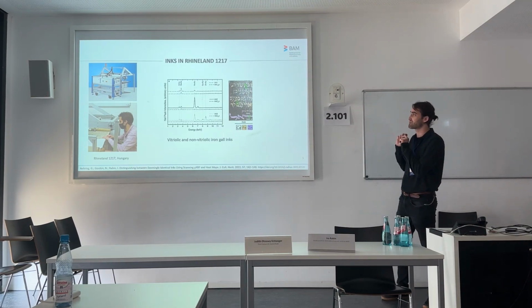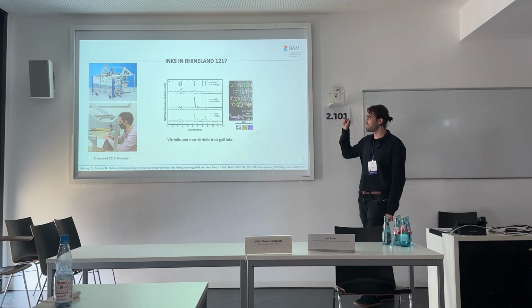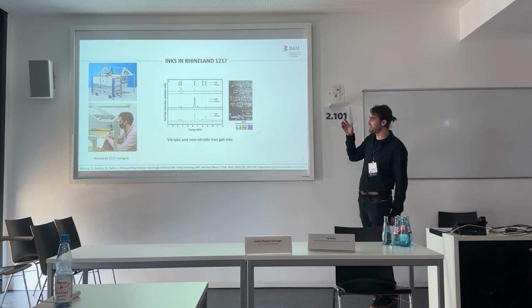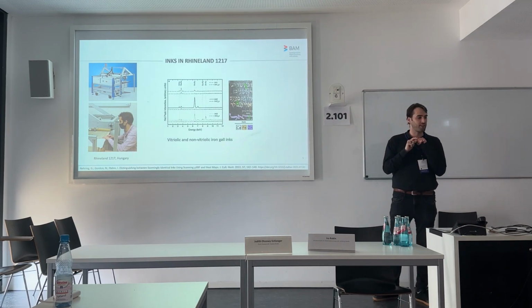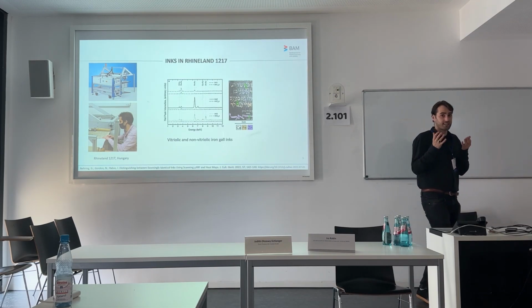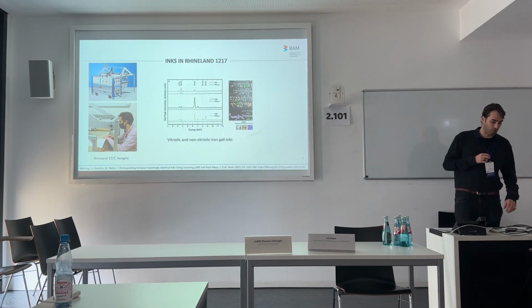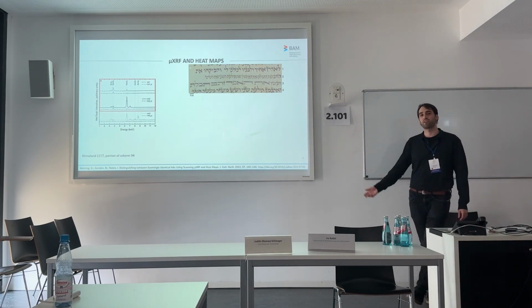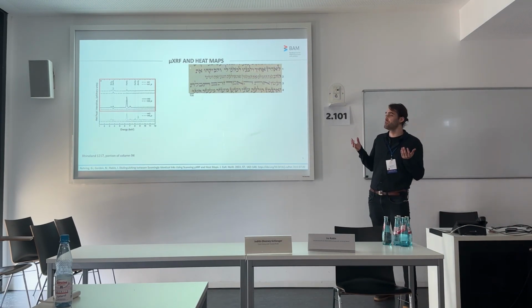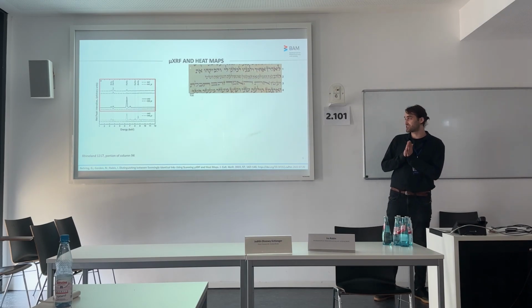However, as we can see from this spectrum, the ink in the middle, in comparison with the ink in the top, contains a different intensity or different amount of iron. This led us to propose a method of comparing such inks of very uniform, similar composition.